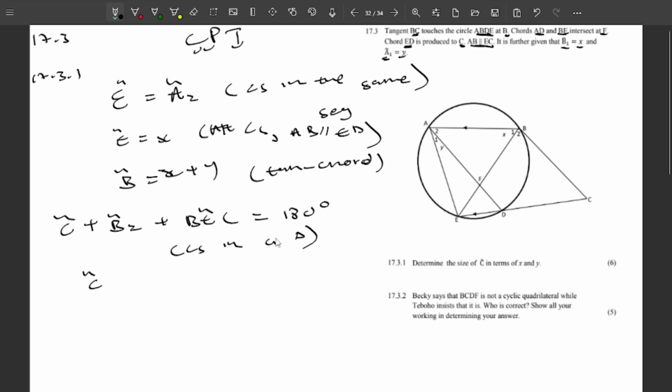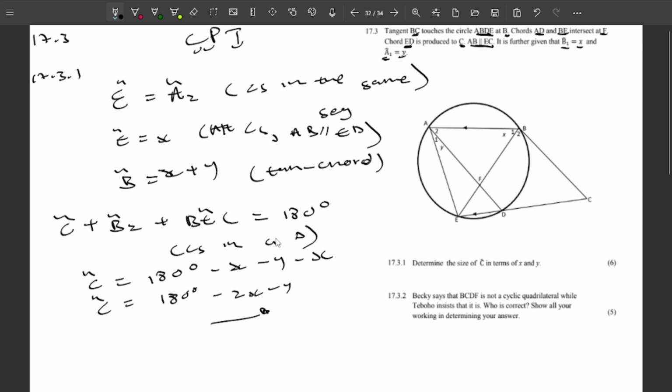Then angle C is 180 degrees minus x minus y, this one B, then minus x for E. Then we have 180 degrees minus 2x minus y, which is the answer for C.